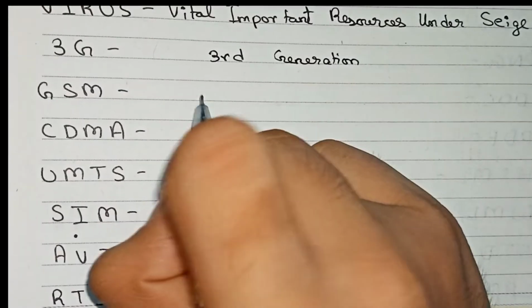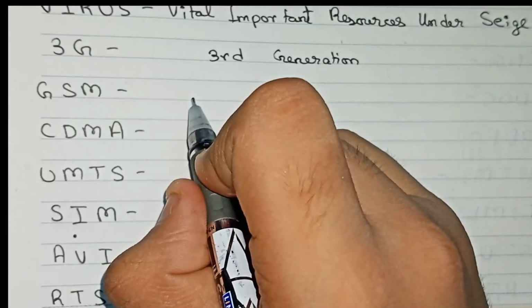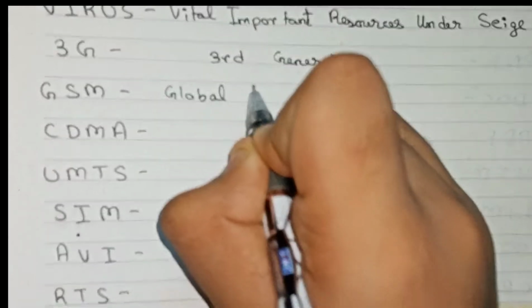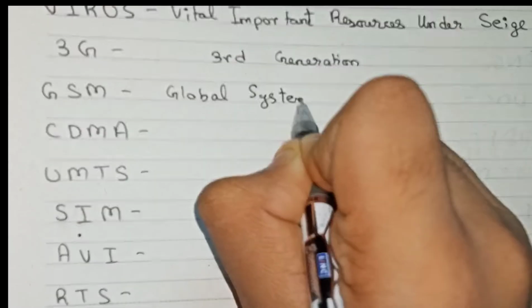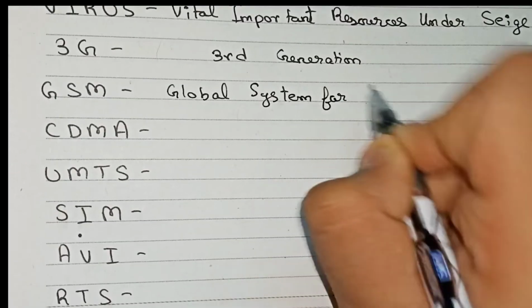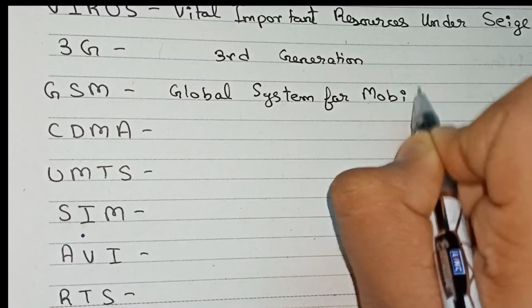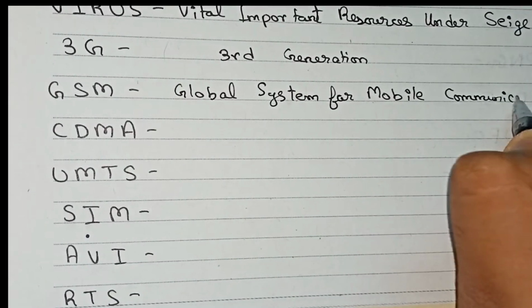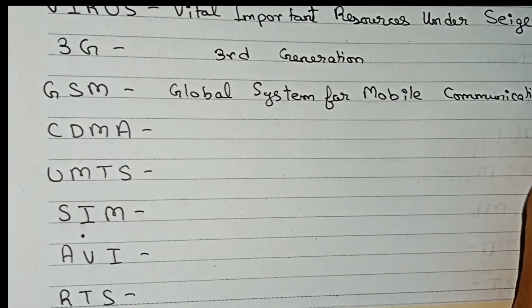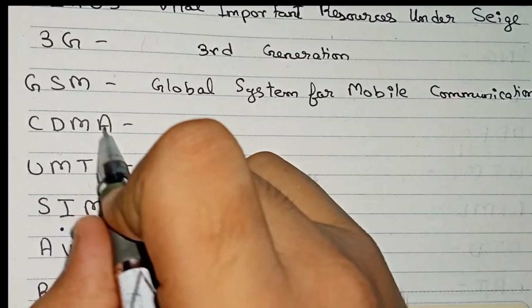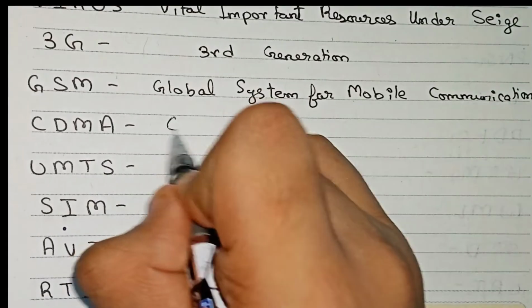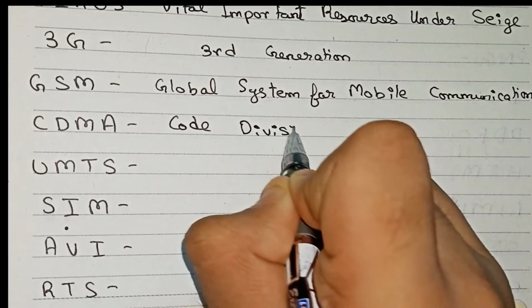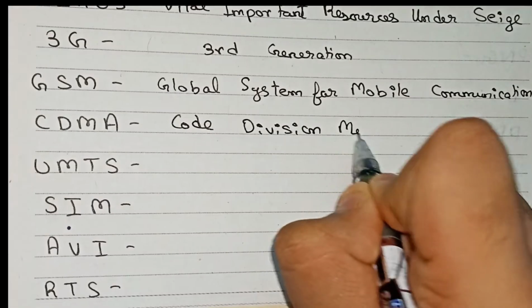Next is GSM, that is Global System for Mobile Communication. Next is CDMA, that is Code Division Multiple Access.